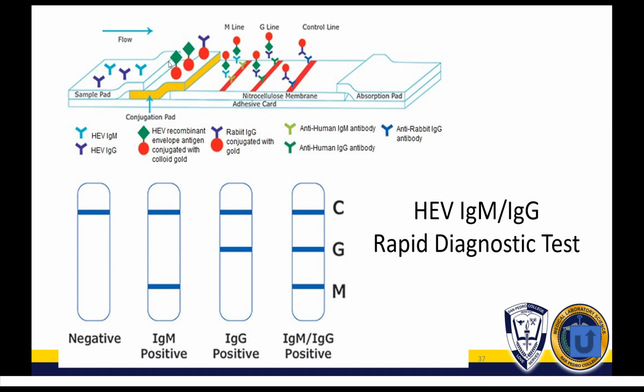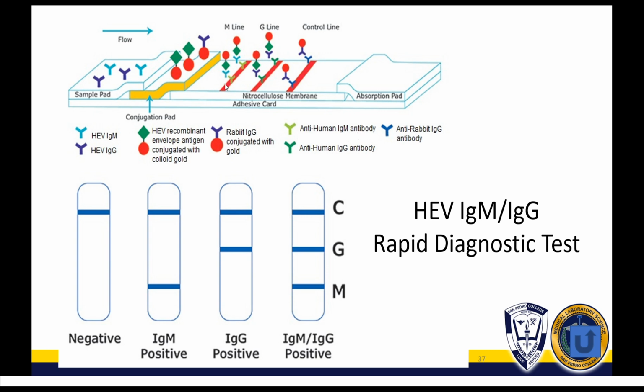This is immunochromatographic, so by virtue of chromatography, the solution will flow through. In the first region, which is the M region, there is incorporated anti-human IgM antibody.